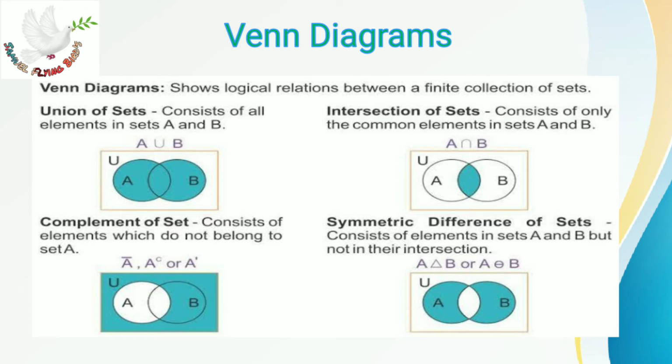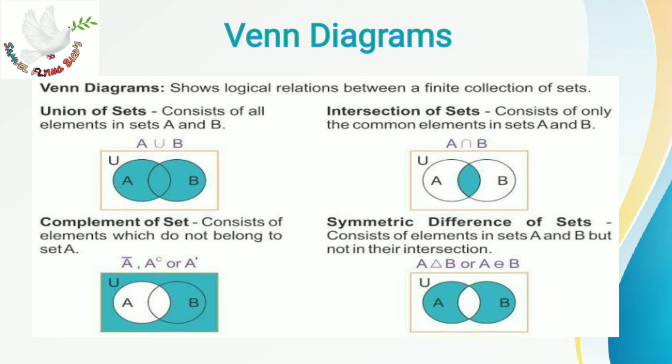Symmetric difference of sets. Here we are going to decide what the difference in a set is. It consists of elements in set A and B but not in their intersection. The difference of sets is very different from the intersection.